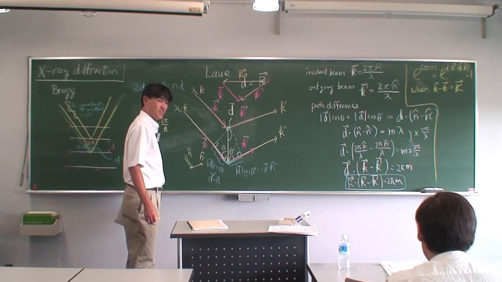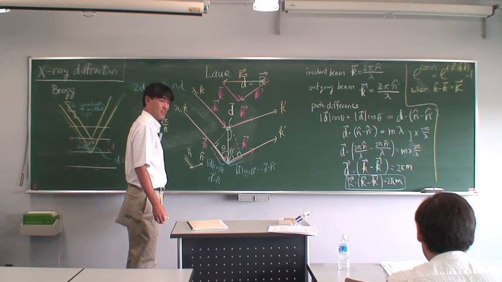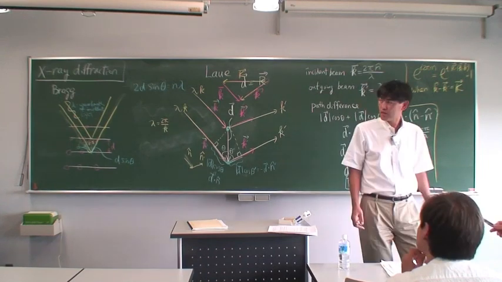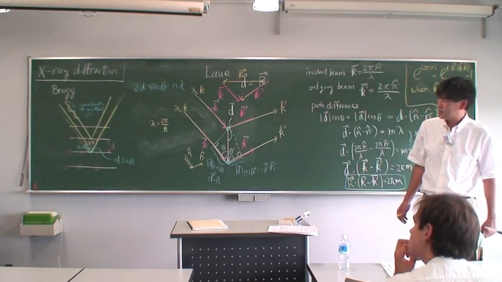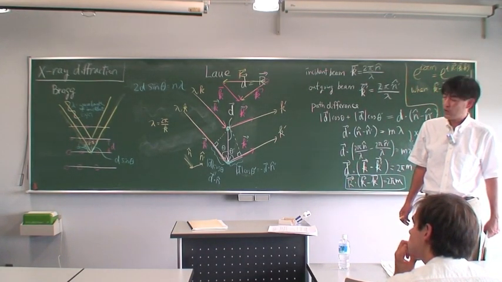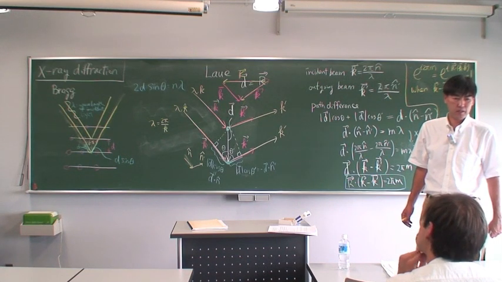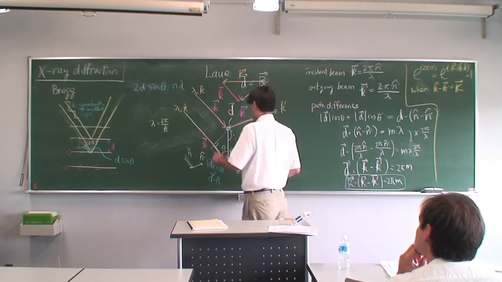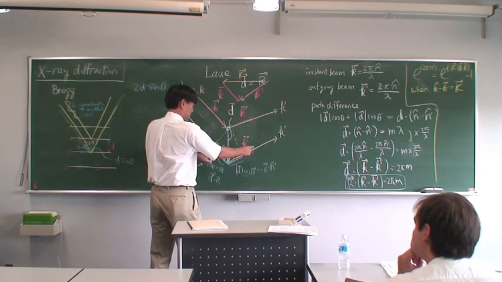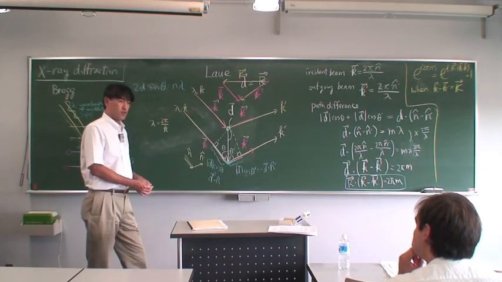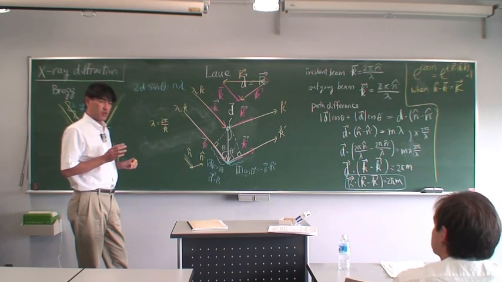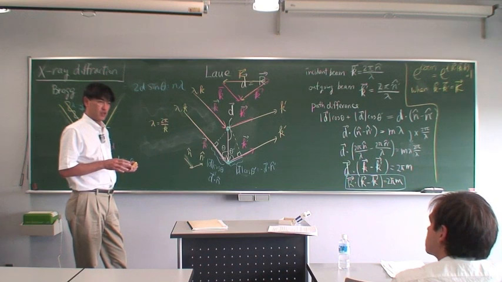Does the wavelength change in the material? Wavelength doesn't change. We assume that wavelengths stay the same. That's why this length is the same as this length. Sometimes it changes, but for the time being, we just assume that wavelength doesn't change.